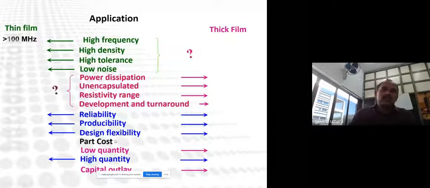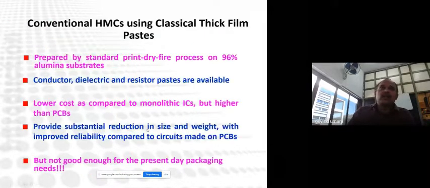So these are the major parameters we have to consider when deciding which technology to use for an application. Generally, thick film technology is used in conventional HMCs, where I say HMCs for hybrid microcircuits. It is used by a standard print, dry, and fire process on 96% alumina.